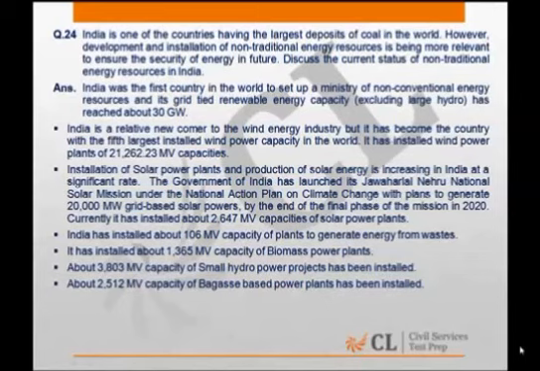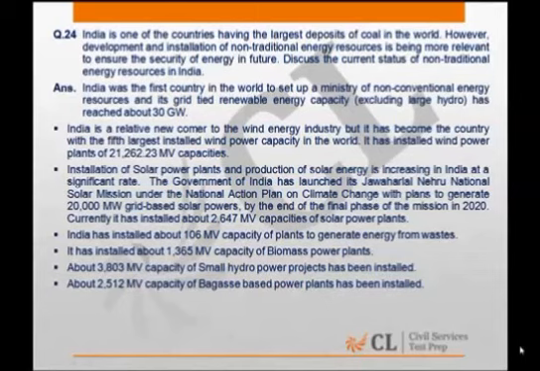Definitely, to address the problem of global warming, the high rate of depletion of conventional energy sources like coal and petroleum has forced nations to adopt an option for non-conventional energy sources such as renewable energy, wind energy and solar energy.